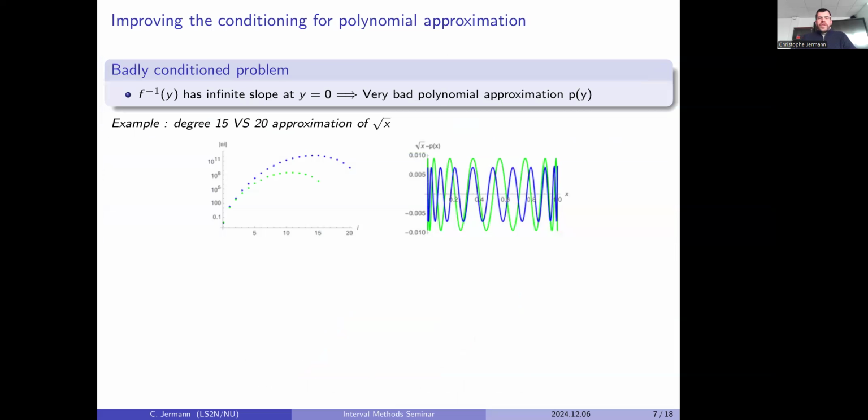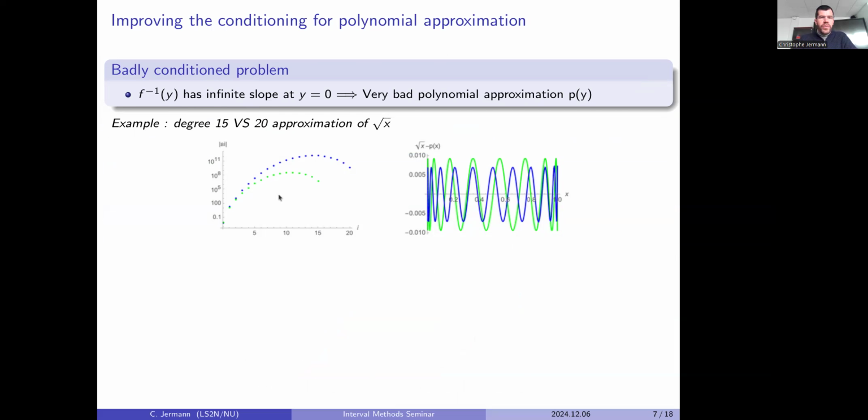The difficulty in this problem is due to the extremum, because at the extremum, the inverse of the function has an infinite slope. Because of that, the polynomial approximation, for instance, has very bad conditioning.